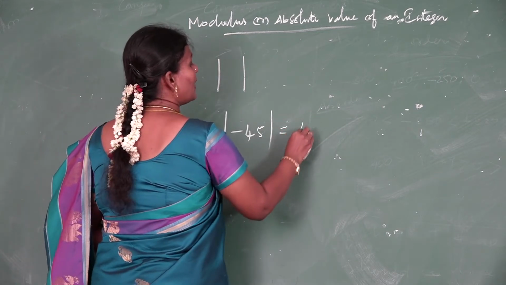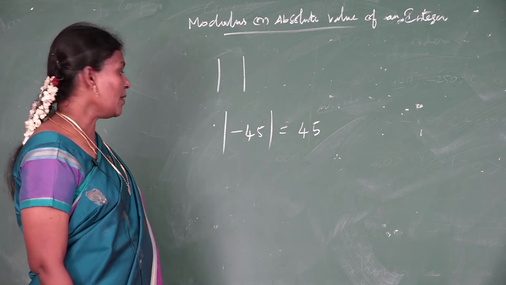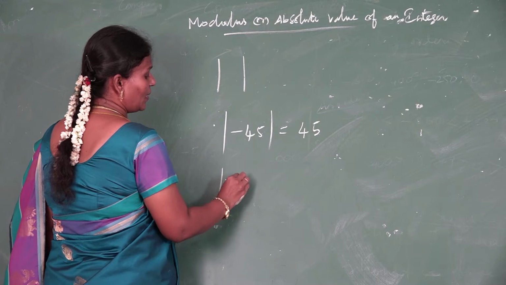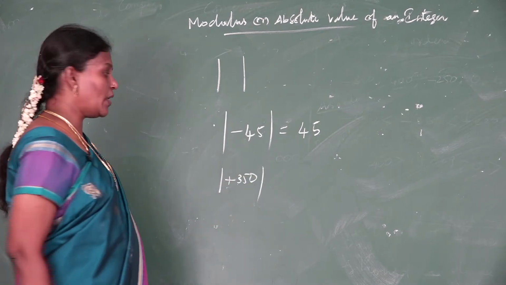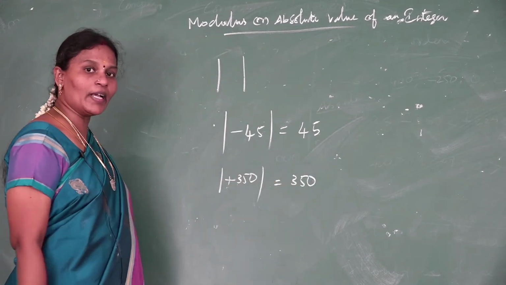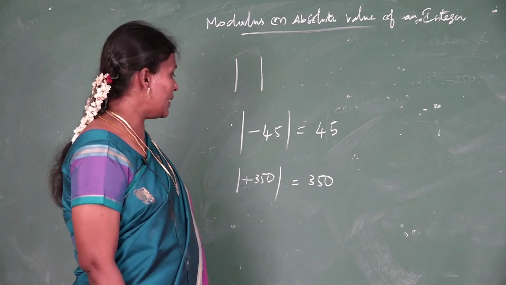You take only the numerical value of the integer. Do you understand? Next one. See one more example: plus 350. What is the absolute value of plus 350? That gives 350. Only the numerical value is called the absolute value of an integer.